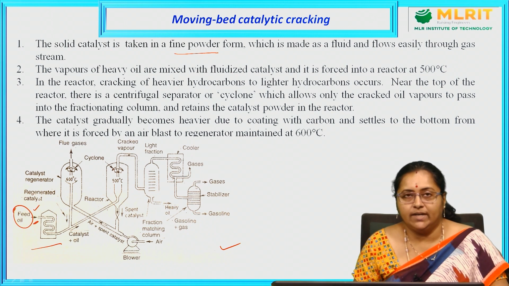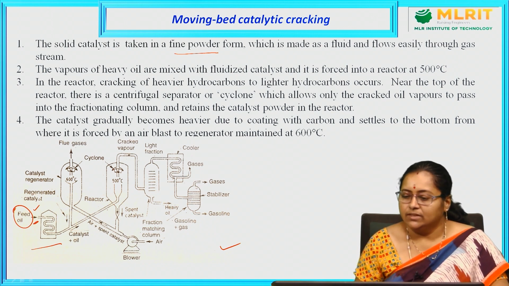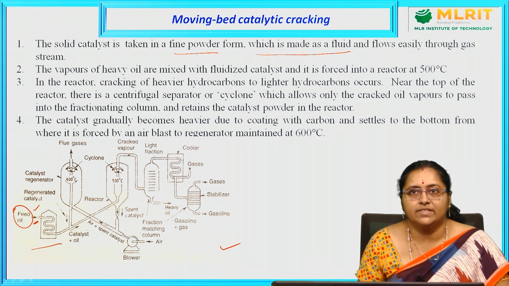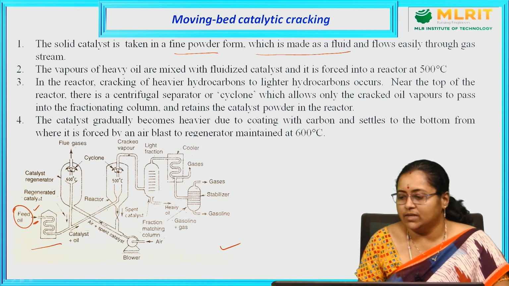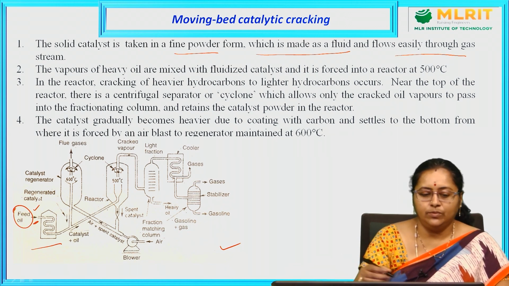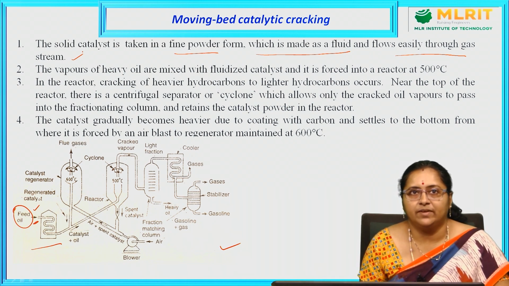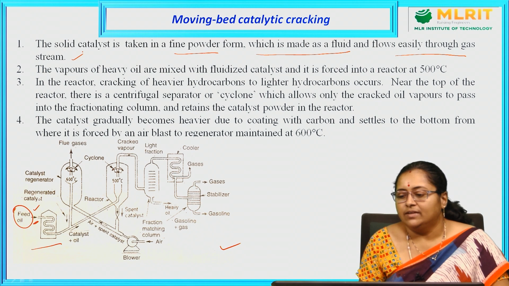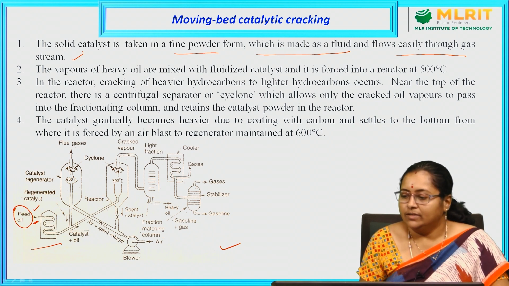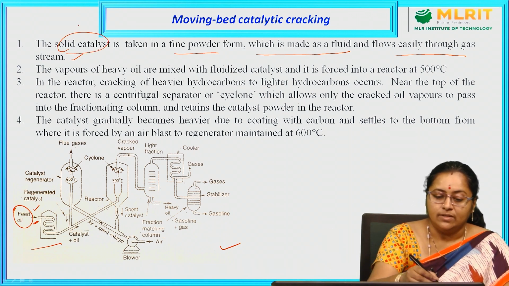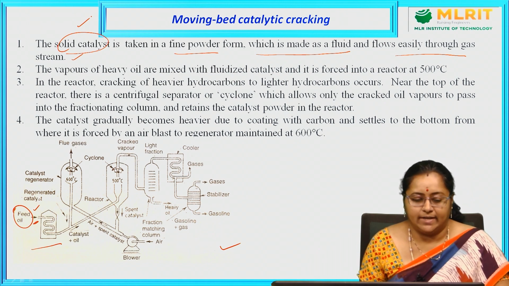That solid catalyst is then made in the form of a fluid, or we can call it a slurry, like a paste, so that it easily flows through a stream of gas when it is allowed to pass through it. If it is made in the form of a slurry or fluid, then it will easily flow through that gas stream. That is why we need to make a fine powder of the solid catalyst.